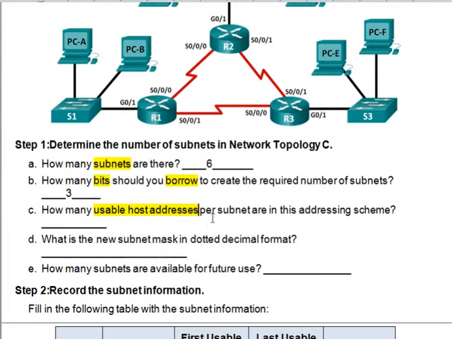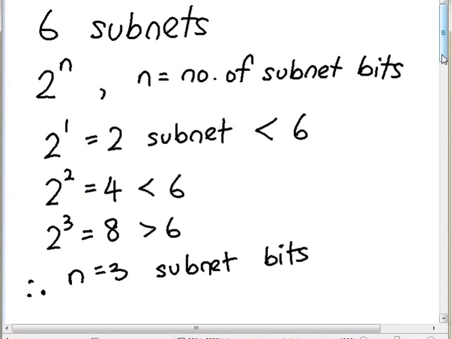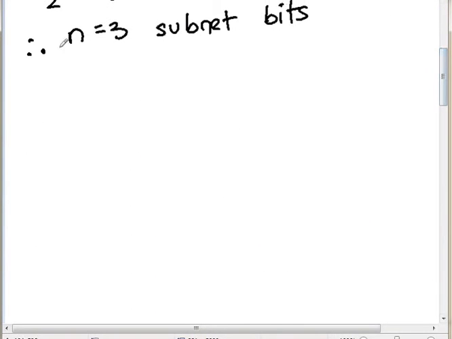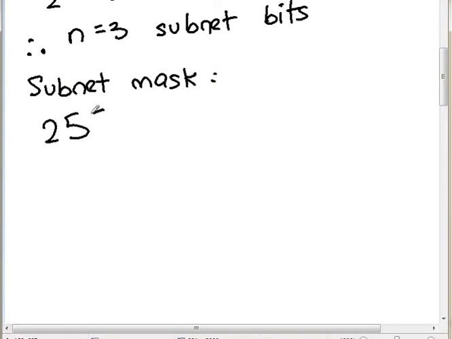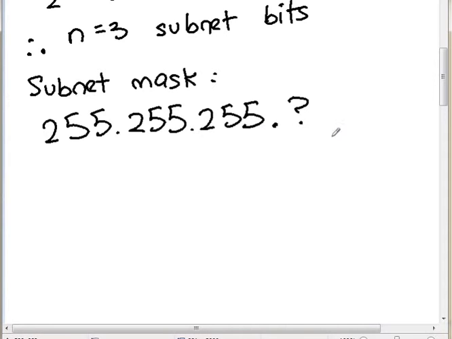So in this case, let's try to see the number of usable host addresses. We now know that we can use 3 subnet bits for the IPv4 address. So in this case, we know our subnet mask is equal to 255.255.255. What is the last number? We're not sure.